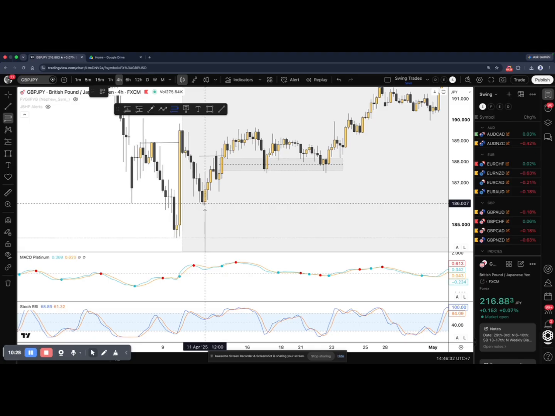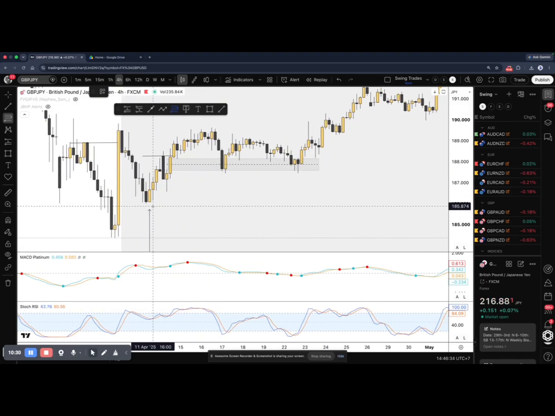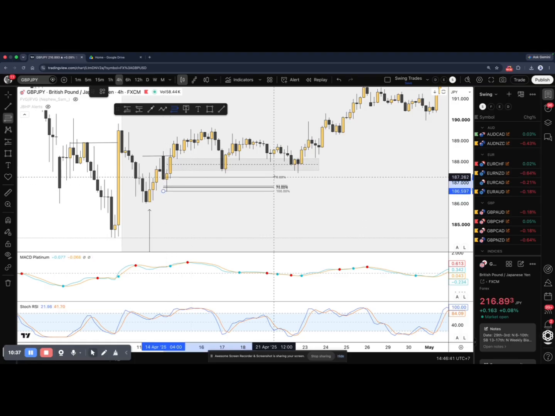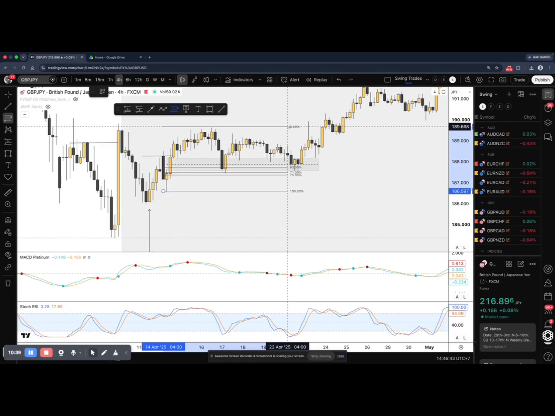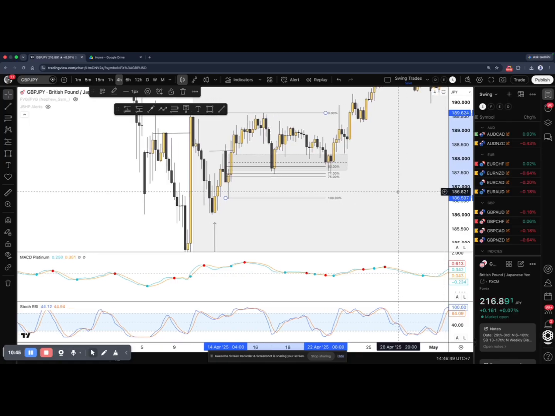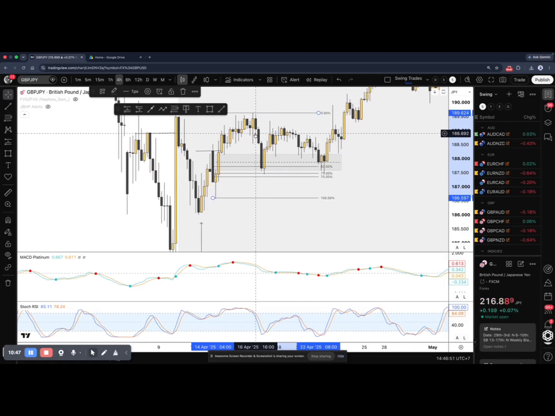We've then got the last impulsive leg wasn't this one, but it was this one here. So we've got 1, 2, 3. That created the swing low. We anchor our fib to the bottom, and then we'll anchor that one here to the top. And all we would then do is wait for price to come back down into this area of value.